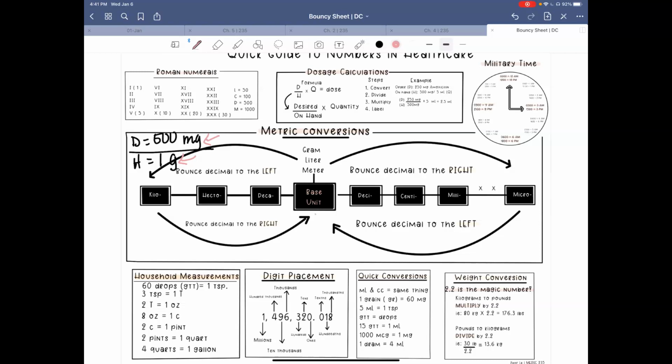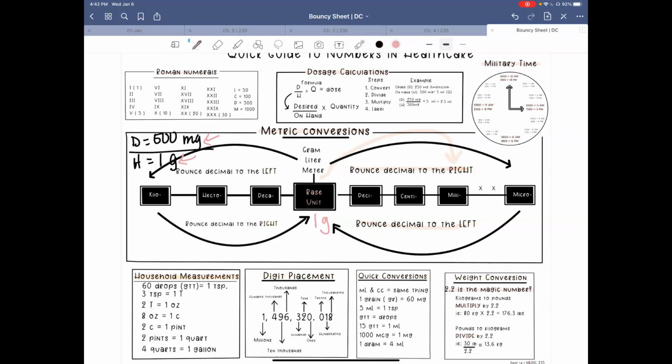We have 1 gram, and we need to figure out how many milligrams that is. And this is where the bouncy part comes in. If you read the directions on the sheet here, it tells you which way to bounce the decimal, right? Since we are going from here over to here, we're going to bounce the decimal to the right, okay?